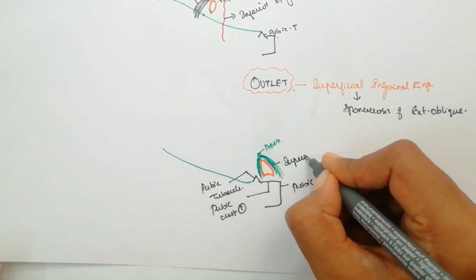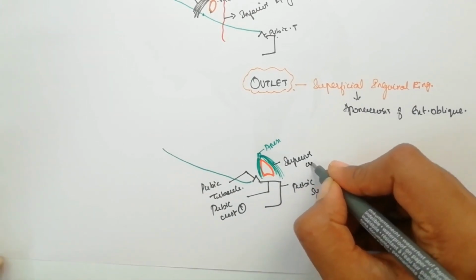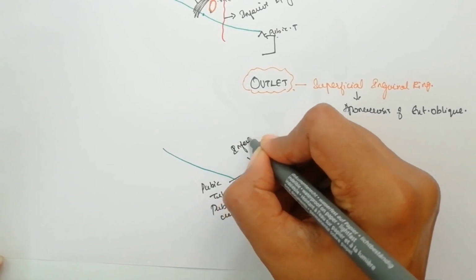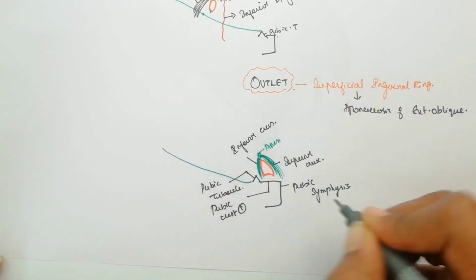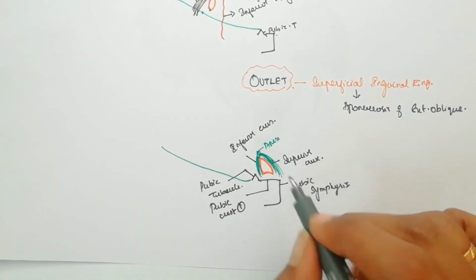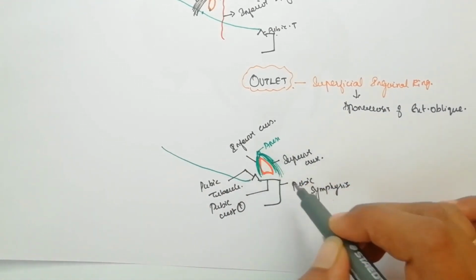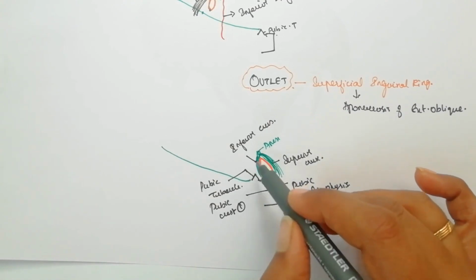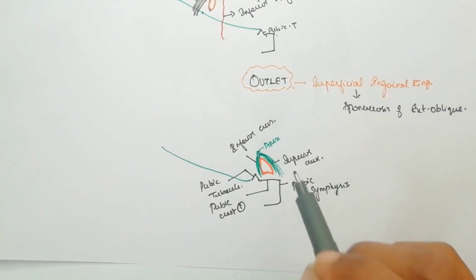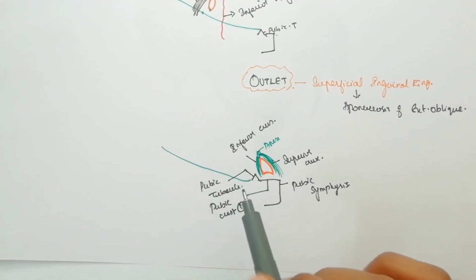This is called the superior crus and this is the inferior crus. So these are the two crura we have for the superficial inguinal ring, superior and inferior, formed by the external oblique abdominis aponeurosis.